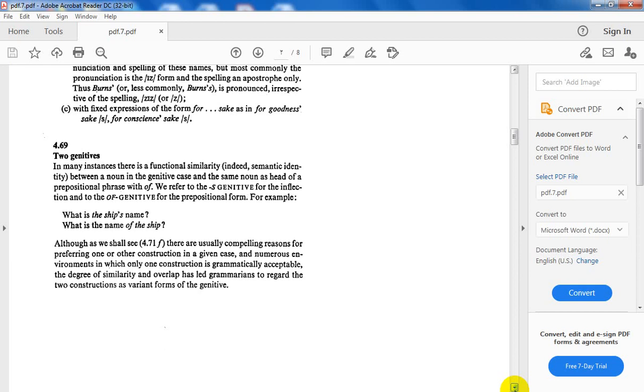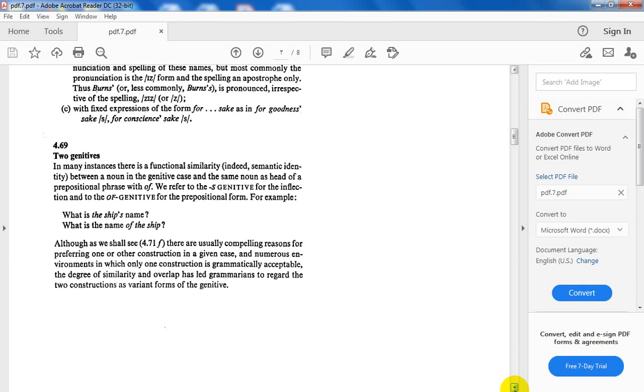Why? Because these are the two forms of genitive or the cases of noun. We refer to the S genitive when I talk about inflection, when I change the noun from the common case and add the apostrophe then the S, it is called inflection as genitive.